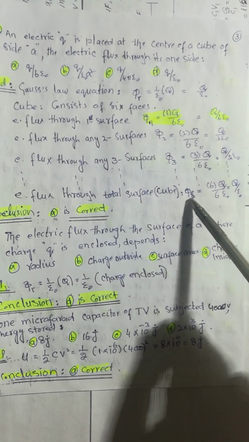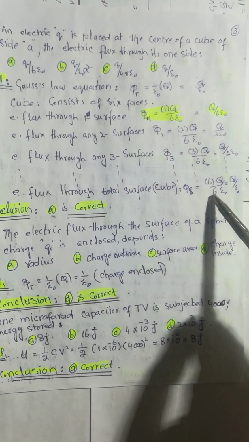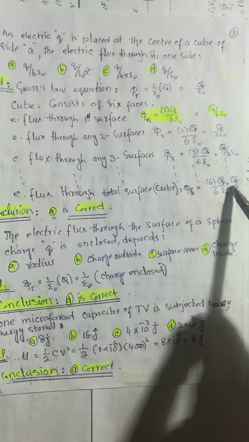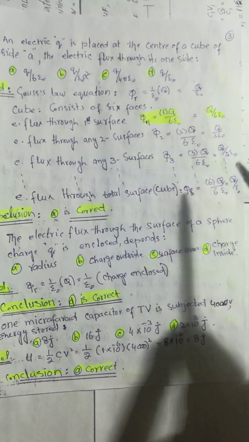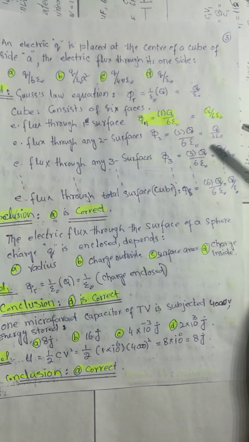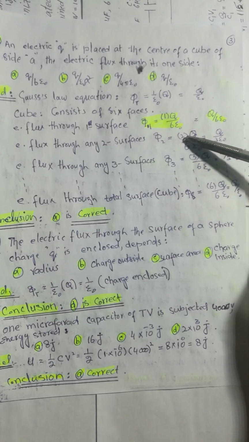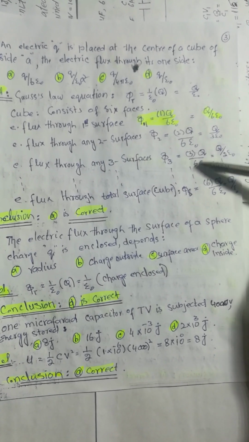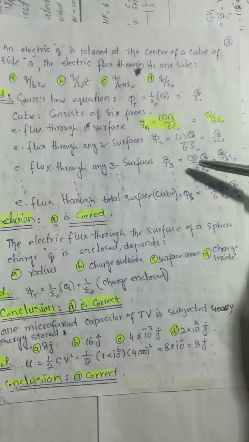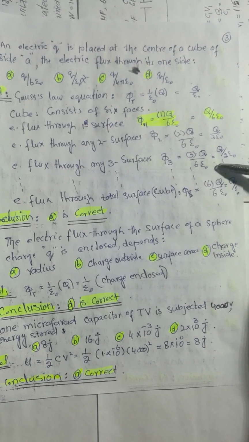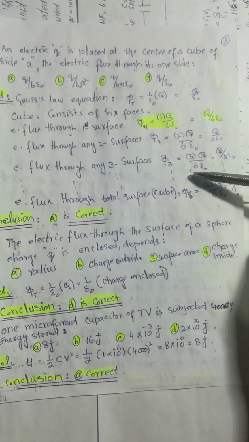So here total flux will be 6q divided by 6 epsilon naught, and total flux through the whole surface of the cubic body will be q by epsilon naught. Here I have given you a technique: if they ask for two surfaces, three surfaces, 4, 5, 6, or any number of surfaces, you can find the total flux through those surfaces by using this technique.